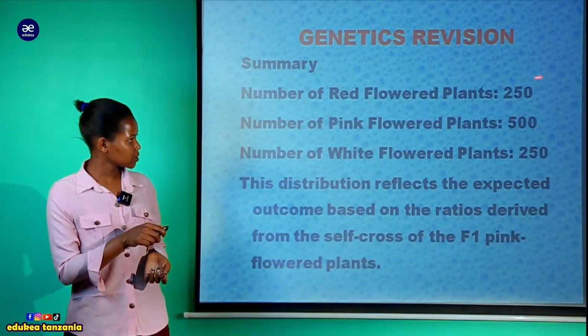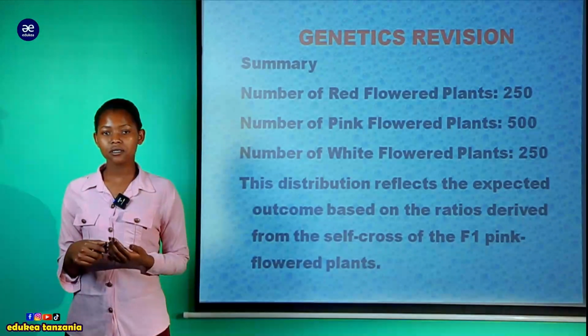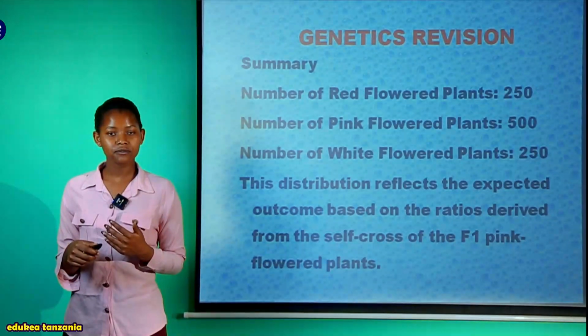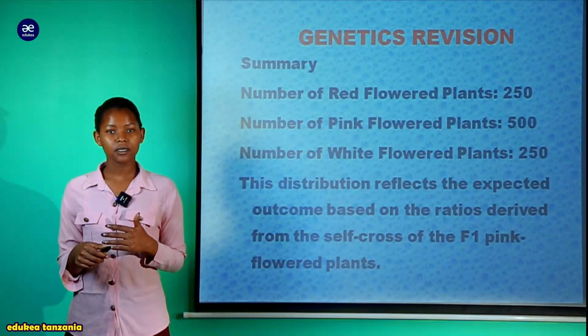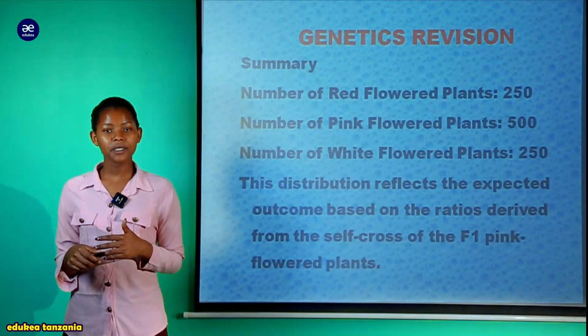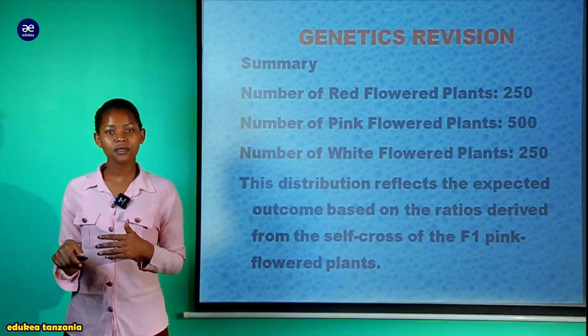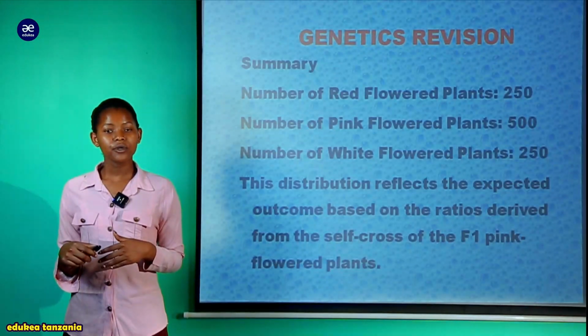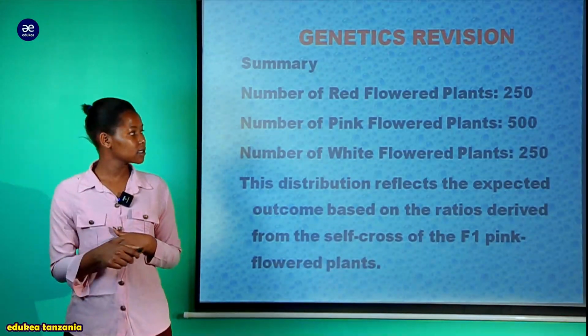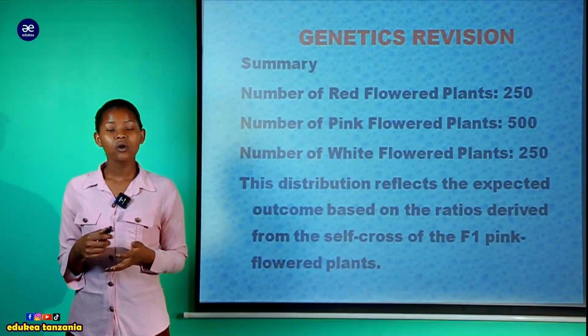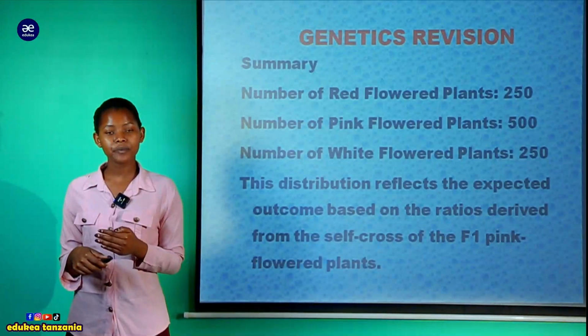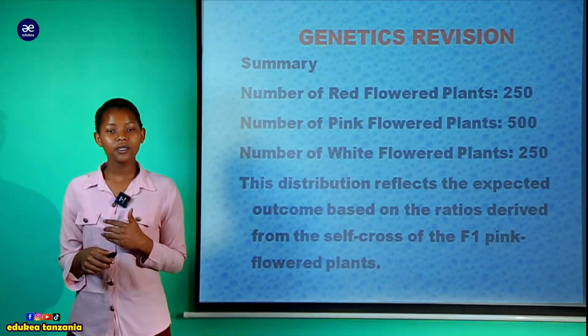How to obtain this? You will take those percentages. For instance, 25%. You will put it over 100%, then you will times 1000, from which utapata hizi hapa total. Unachukua percentage ulioipata unazidisha kwa total number ya offspring ambao walizaliwa katika hiyo generation.